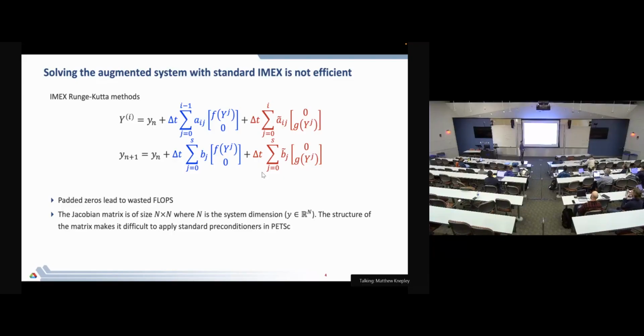This Jacobian may contain some zero blocks, but the structure of this Jacobian still makes it difficult to apply standard preconditioners in PETSc. The preconditioner experts like Matt may have some idea on how to precondition Jacobians like this, but for non-experts like me, it's not convenient to figure out a way to precondition Jacobians like this.